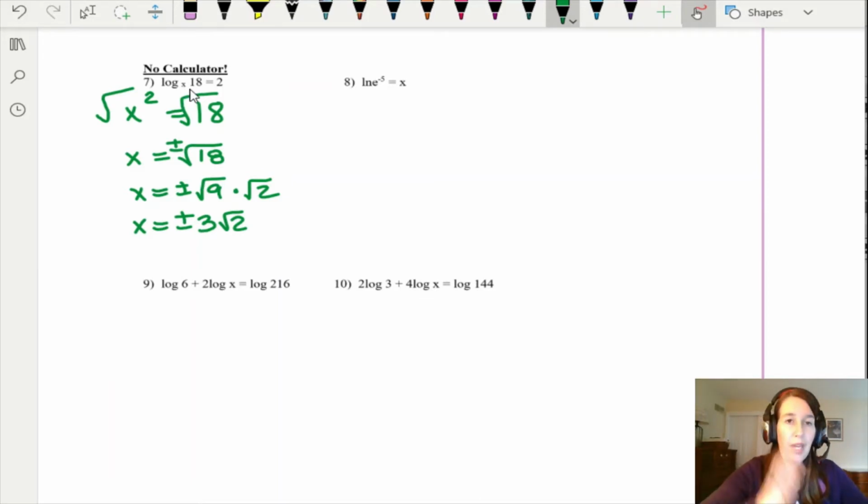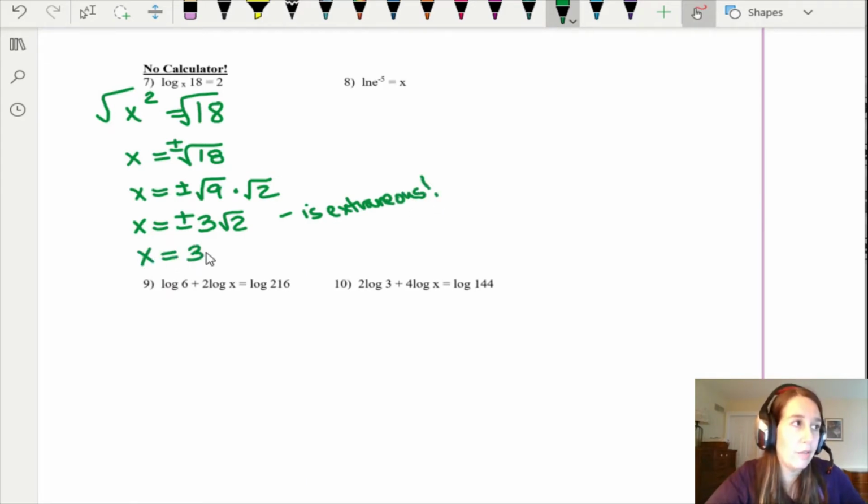So the base there of x is going to need to be positive. For exponential form, we don't want a base to be negative either. That was one of the restrictions that we did way back at the beginning of the chapter when we were talking about exponents. So the negative is extraneous. So our answer is only positive 3 square root 2.